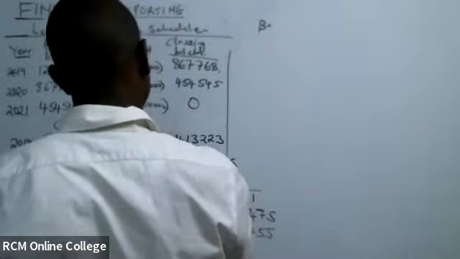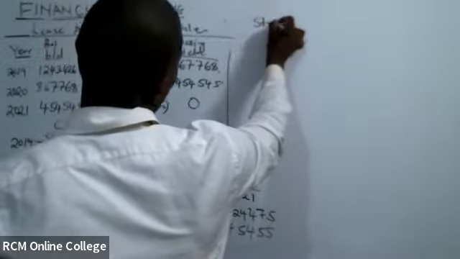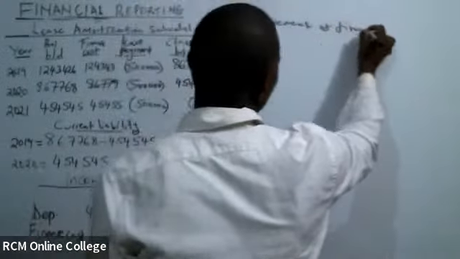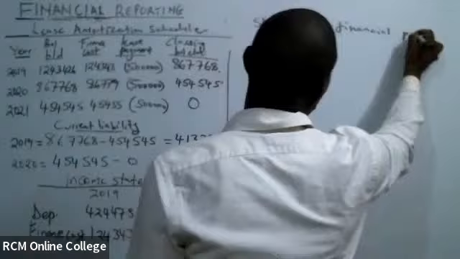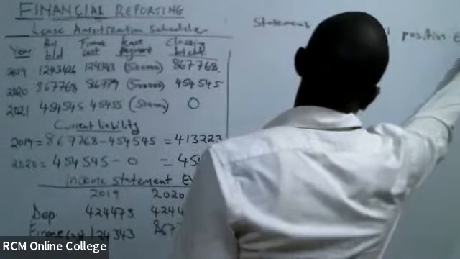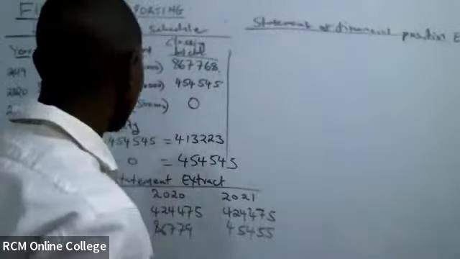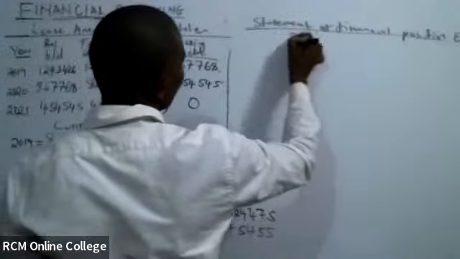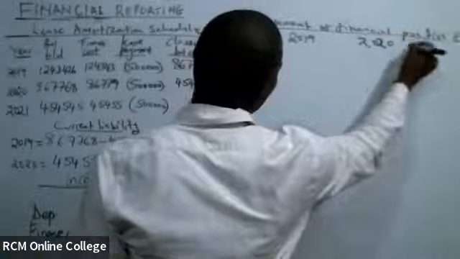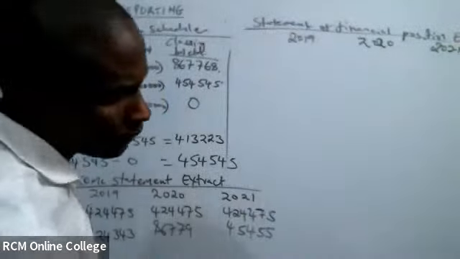Let me call it a statement of financial position extract. So statement of financial position, still 3 years, 2019, 2020, 2021. Hope it's visible, right?